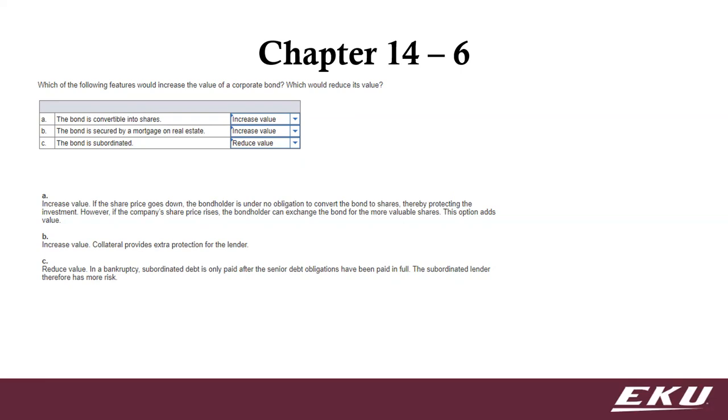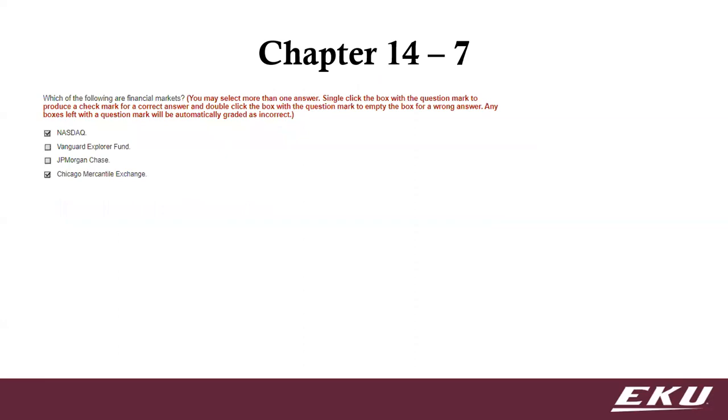And then finally, the last question on this one, which are financial markets? And in the selections they gave me, it would be NASDAQ and the Chicago Mercantile. NASDAQ is the National Association of Securities Dealers Automatic Quotation System. NASD is now known as FINRA.